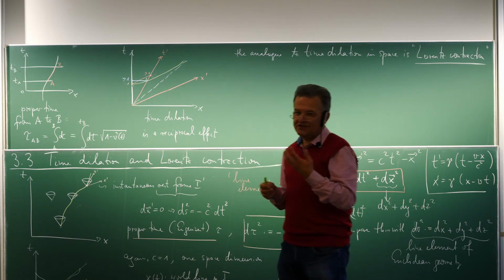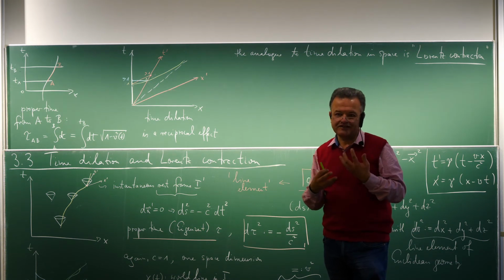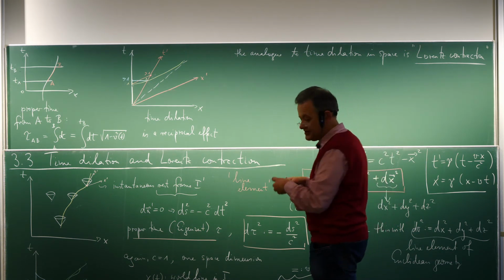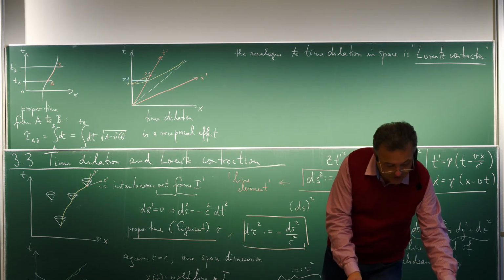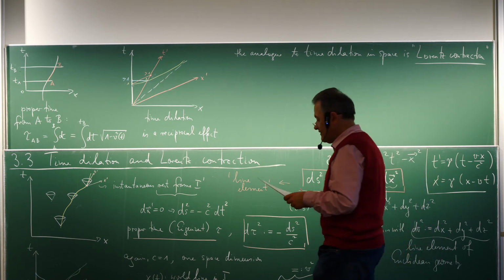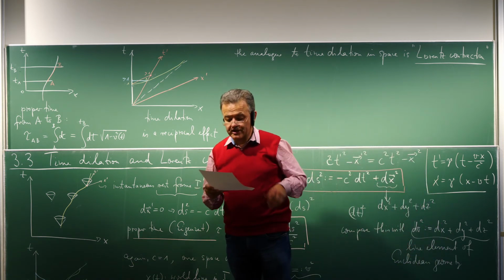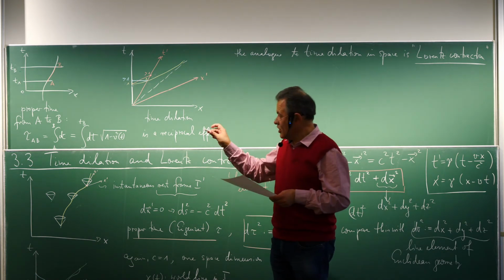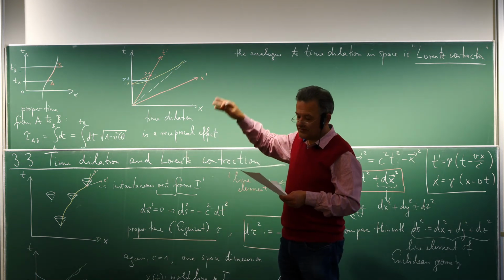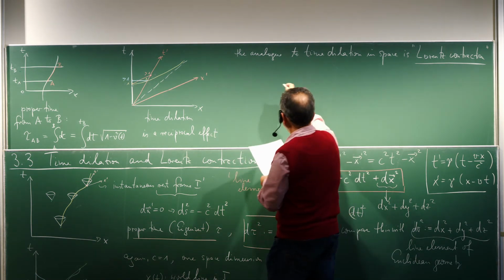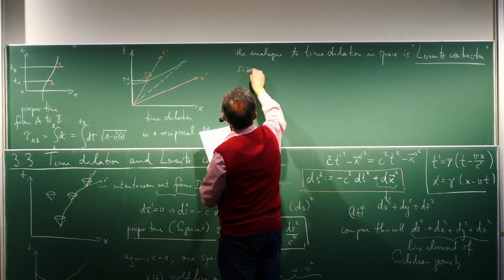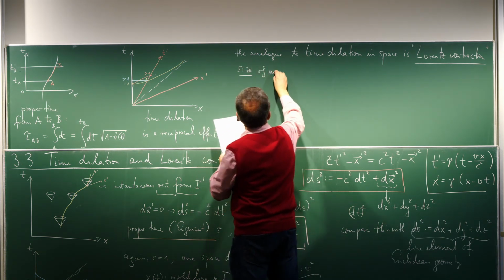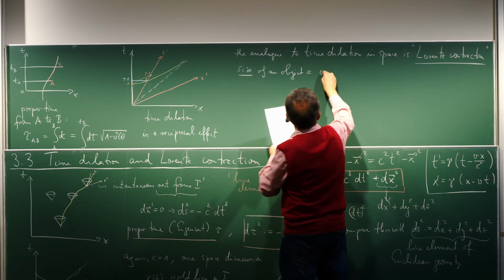This is maybe trivial in a classical context, but here it's important. So we can formalize it in the following way: the size of an object is the cross-section of the world tube of that object in space-time at t equals constant.